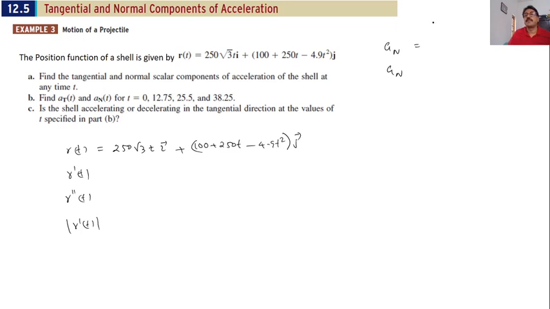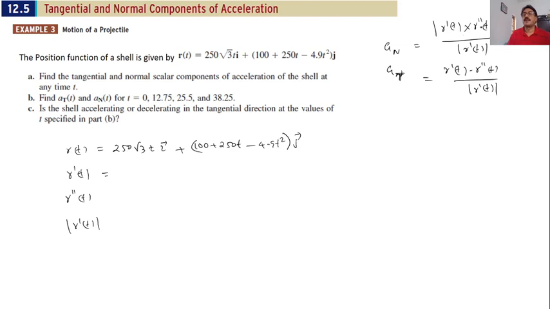a_n is given by modulus of r dash t cross r double dash t divided by modulus of r dash t, and a_t, the acceleration along the tangent, is given by r dash t dot r double dash t divided by modulus of r dash t. Since r(t) is given, differentiating we get r dash t and r double dash t, and also find the modulus of r dash t and substitute.